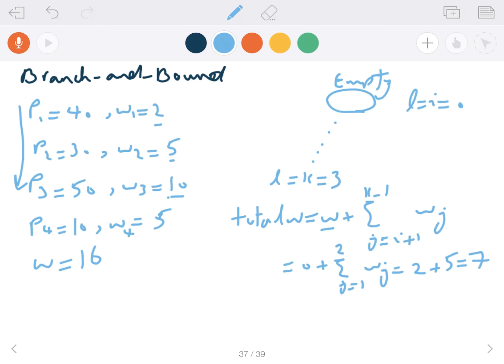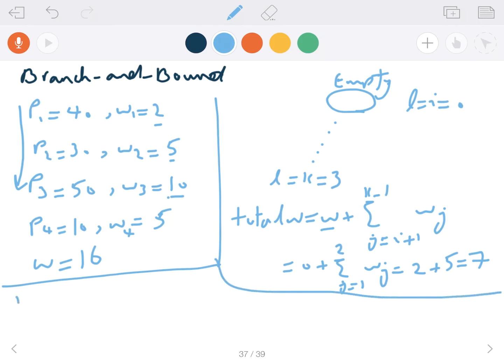Now the next formula that we're going to define is the bound. The bound is how much we can gain.